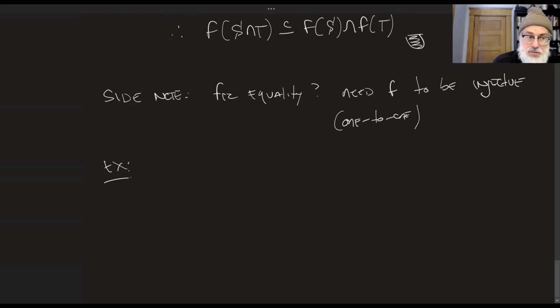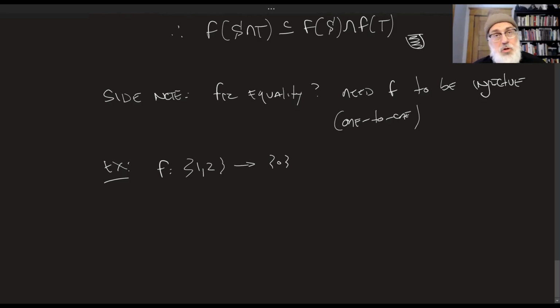Here's an example of why. Let's say that I have a function f, and it's going to go from the elements 1 and 2 into 0. So that's the entire domain, and the codomain is 1, 2, and 0. So this is a constant function. That means that f of x is always equal to 0.